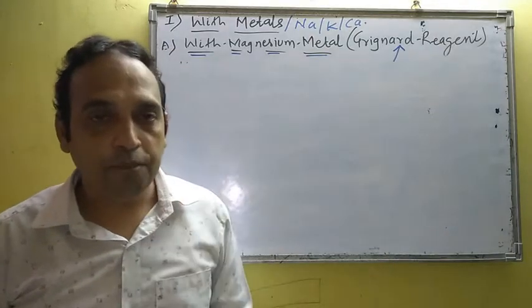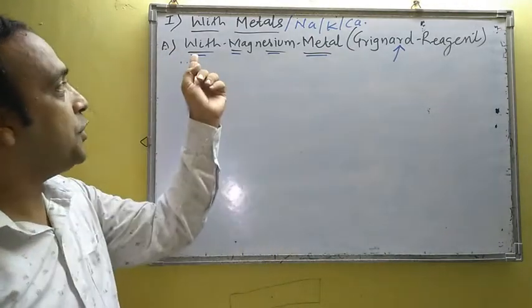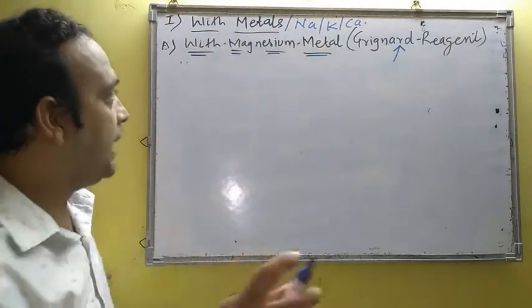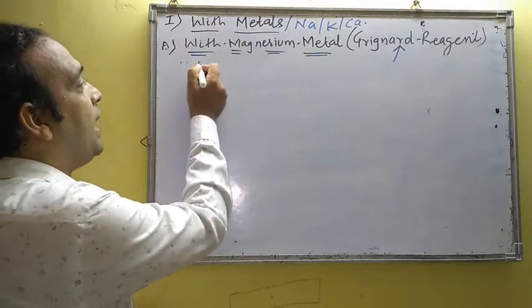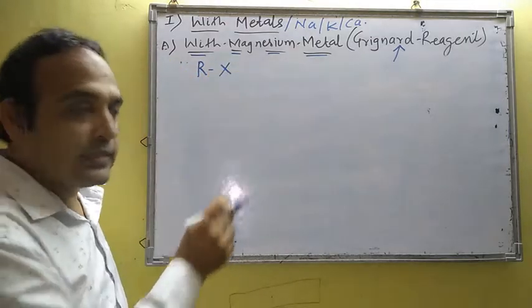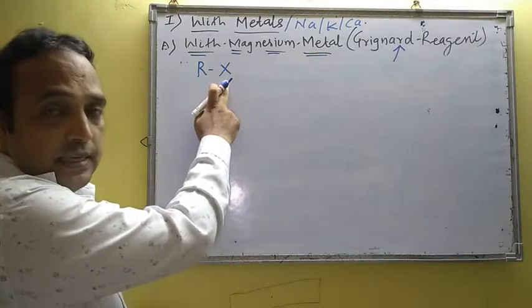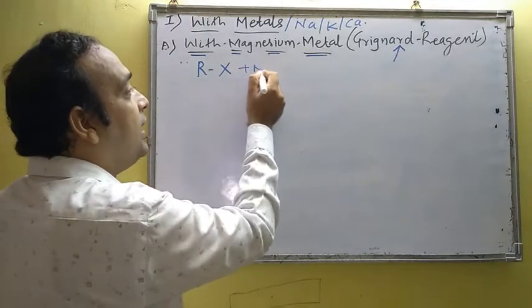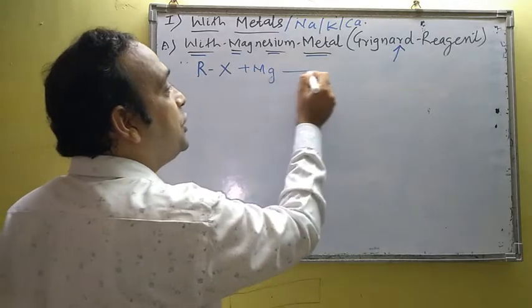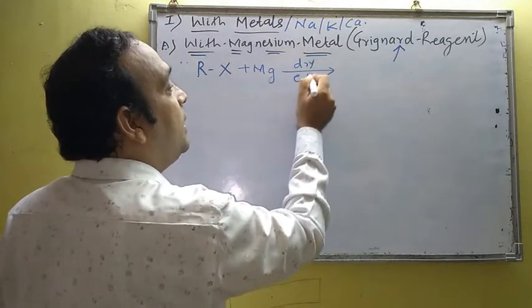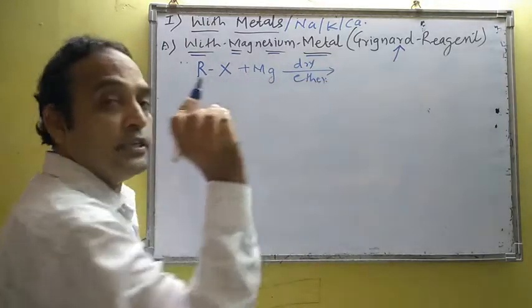So let me start our first part, reaction of alkyl halide with magnesium metal. Now alkyl is represented by R, halide is represented by X. अब ये X may be Cl, Br or I. When alkyl halide reacts with magnesium metal in presence of dry ether, ether acts as a solvent.